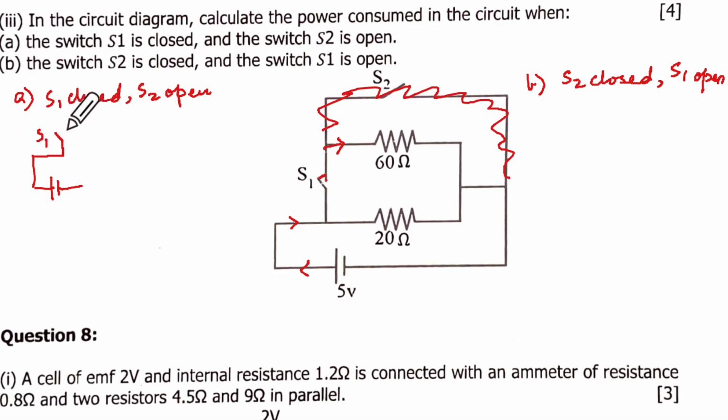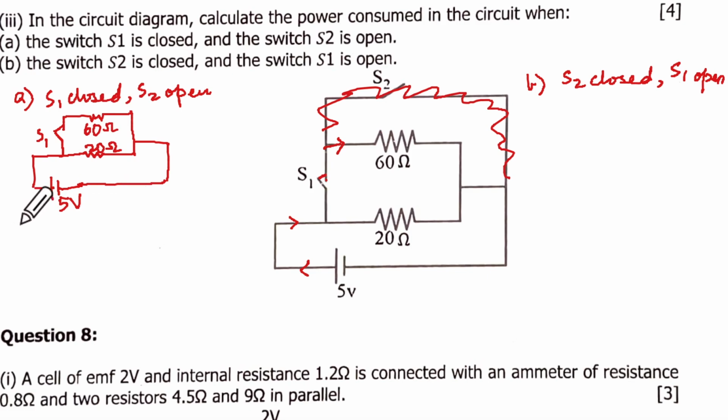This is S1. This is your 60 ohm, this is your 20 ohm, and this will be connected, this will be your 5 volt. Okay, so if you were to shut this, then 60 and 20, they would be in parallel, correct?